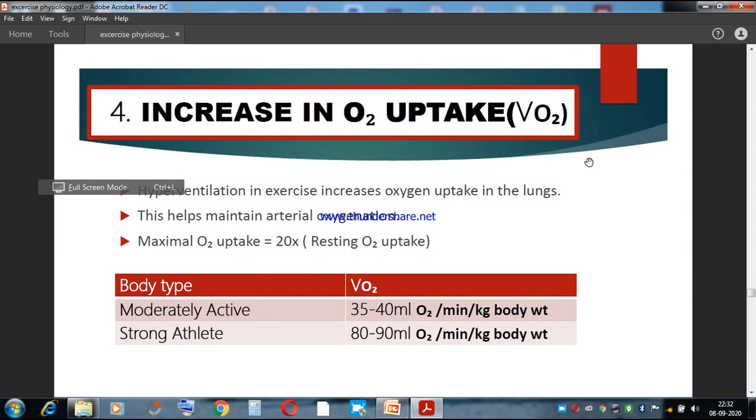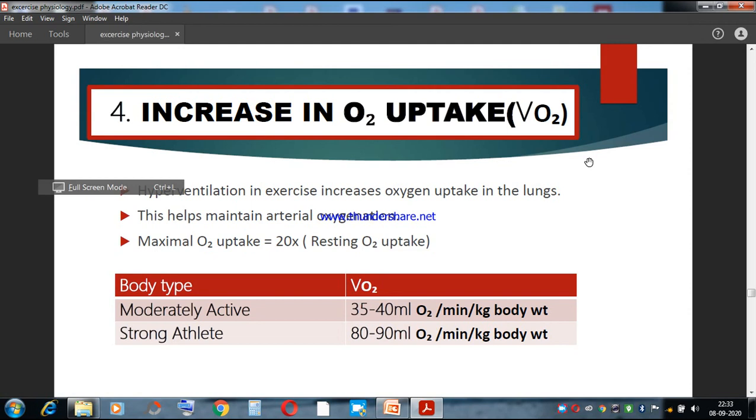In exercise, there will be also increase in oxygen uptake. Hyperventilation means increase in ventilation that happens during exercises, which will also increase the oxygen uptake in the lungs. So when your respiratory rate and depth increase, you will also try to gather more and more oxygen from the environment to the lungs, and that also has some role in maintaining the oxygen saturation. Maximum oxygen uptake is 20 times the resting volume of oxygen uptake.